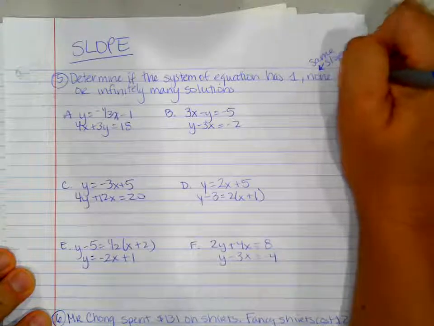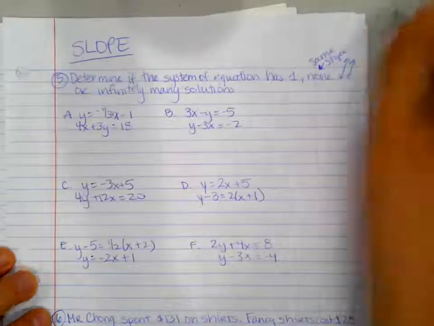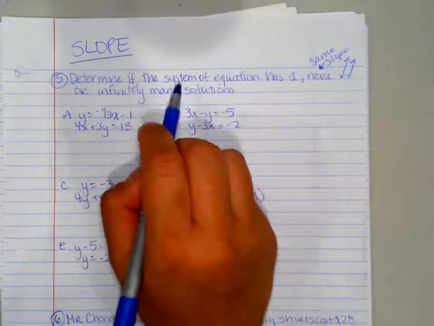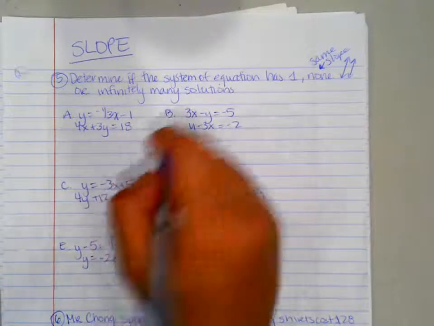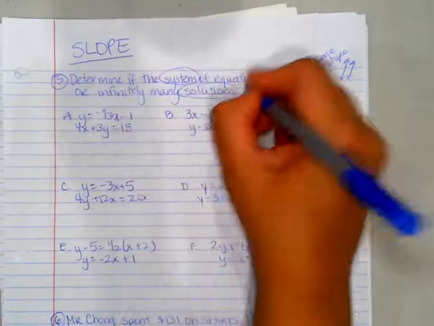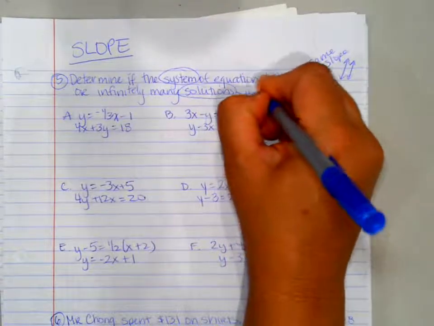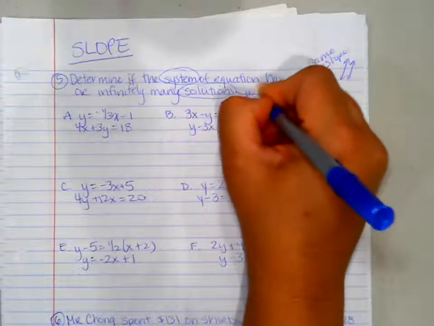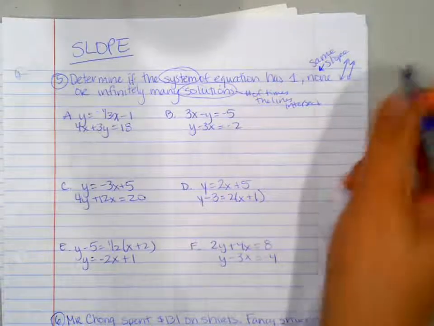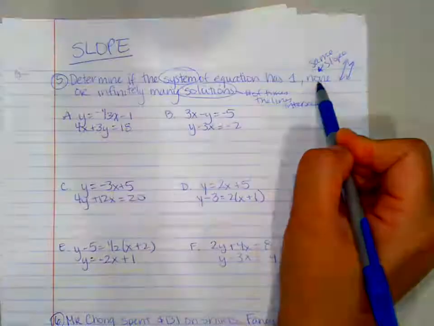You have parallel lines. Remember, solutions in your system of equations are the number of times the lines intersect. So same slope, no solution.